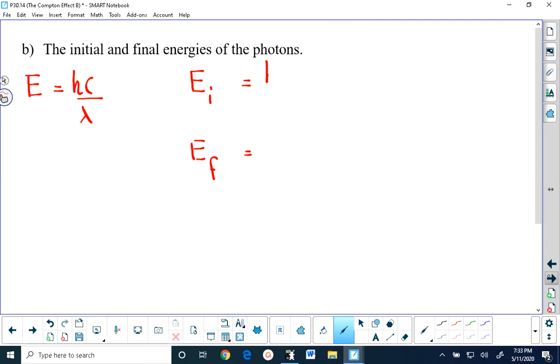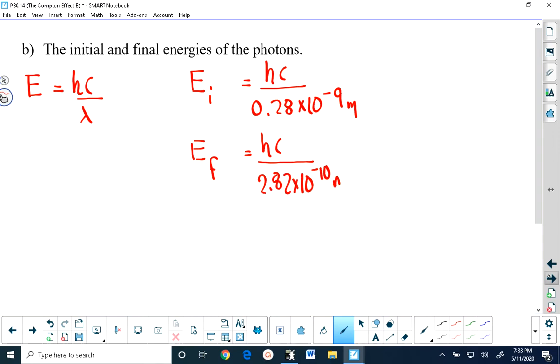So the initial energy will be equal to hc over the original wavelength, which was 0.28 nanometers. The final energy is hc over the final wavelength, which I believe was 2.82 multiplied by 10 to the negative 10 meters.